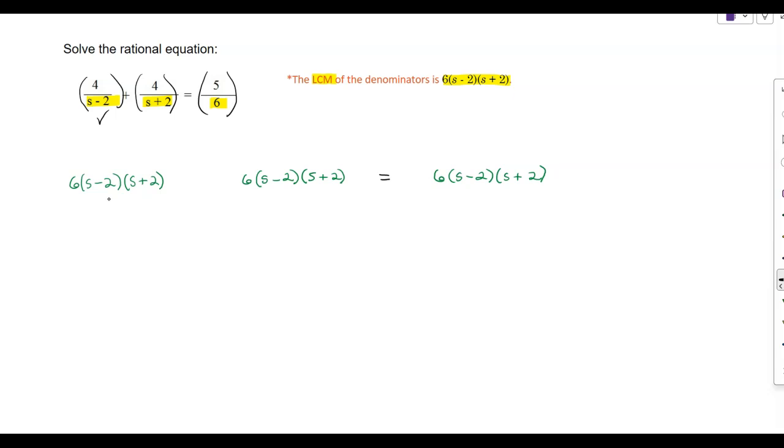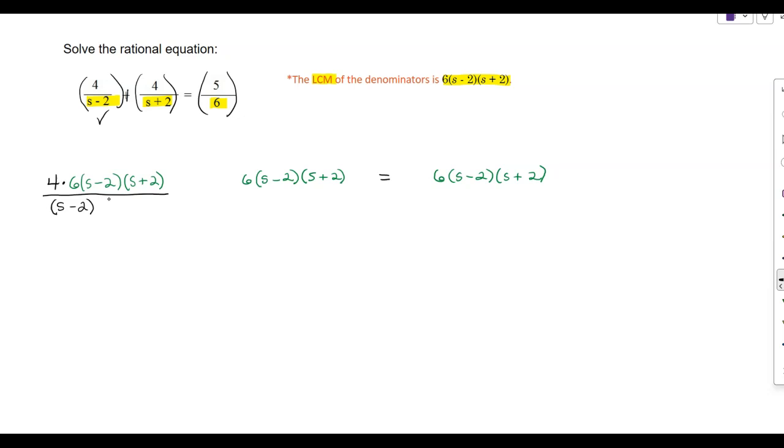For this first one, I'm just going to draw a fraction bar. Already I have a 4 in this numerator, I'm not going to multiply it up yet, and already in that denominator I have s minus 2. So you can see I'm just folding it in using my multiplication.